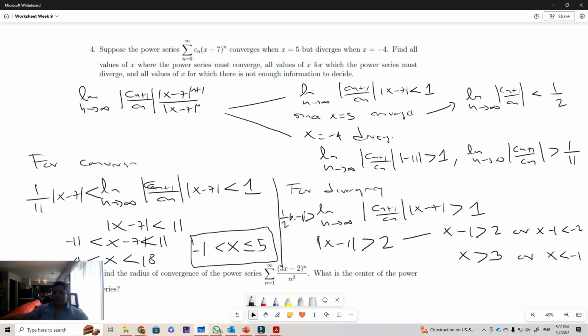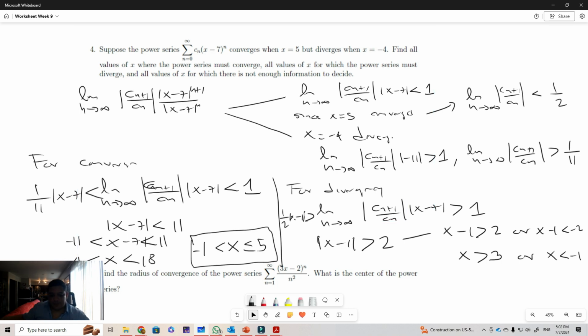So since I'm just saying between minus 1 and 5, this is going to be convergent, and then between minus 1 and minus 4, it might converge, it might not converge, but I don't have that information yet. So that's the type of analysis that you can make in here.